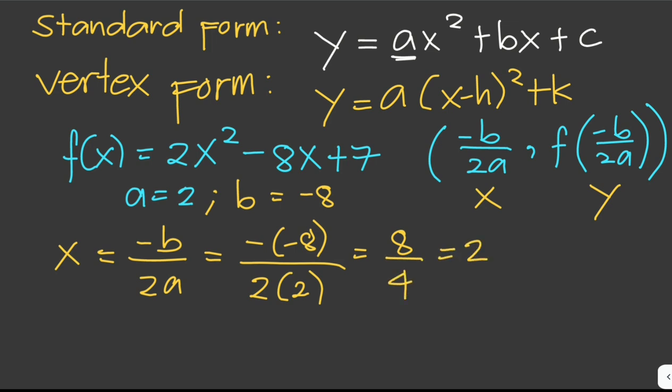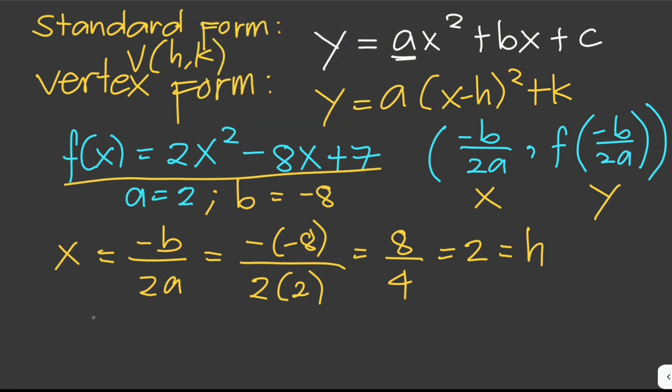And that is also equivalent to h, the x coordinate of the vertex h, k. And now let's solve for y. So y is just f of negative b over 2a, so that means we plug in the value of negative b over 2a, or x, to the function.